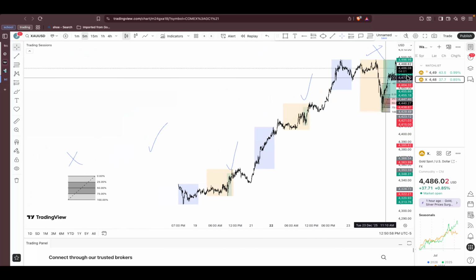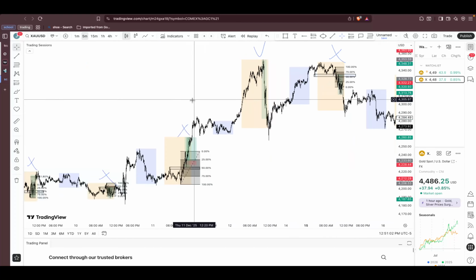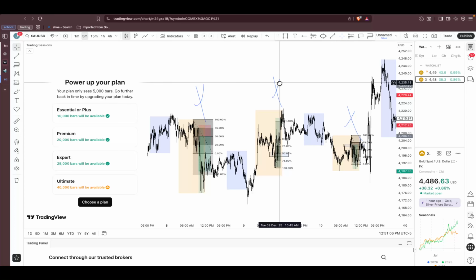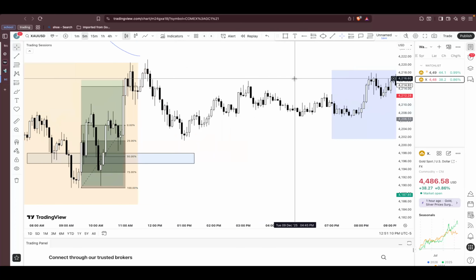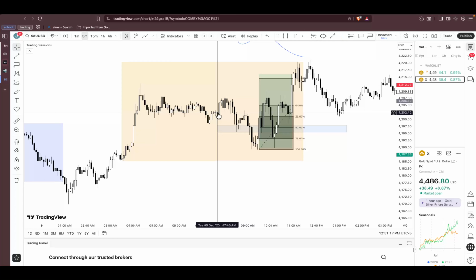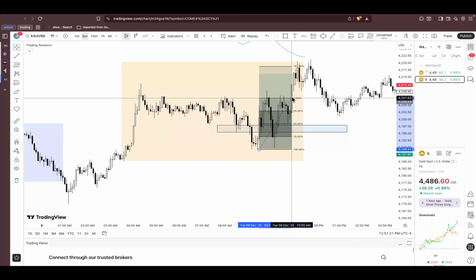Sometimes this setup isn't going to work out, like over... Where was it? Here, I'm pretty sure. Yeah, over here. Sometimes you're going to see price come down.